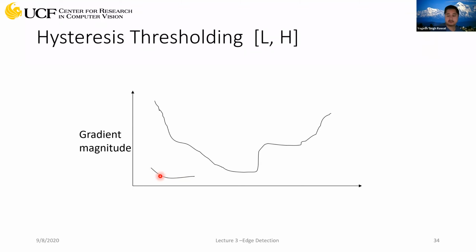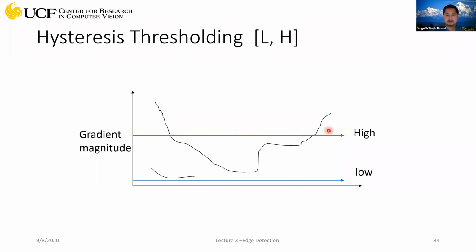This will happen in most cases in your image. What we will do is have two different thresholds, one high and the other low. Earlier we had just this high threshold, and if the magnitude of the edge is above this line, we keep that edge.